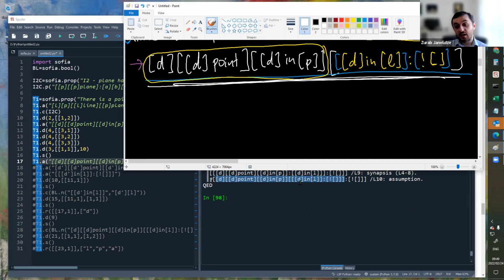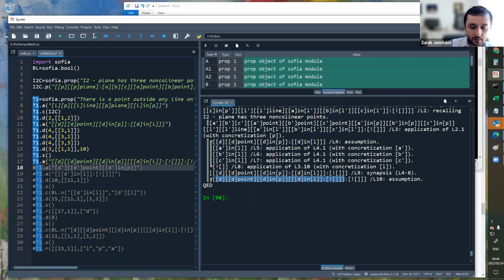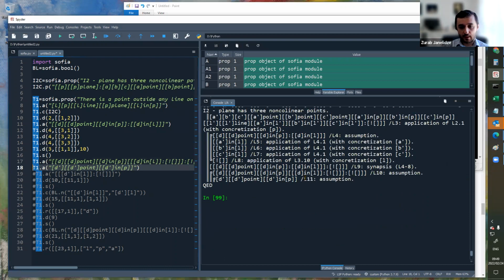Okay, so let's see how we can derive a contradiction from this. Another assumption comes in. This is when this gets a bit complicated mathematically. What does this assumption say?